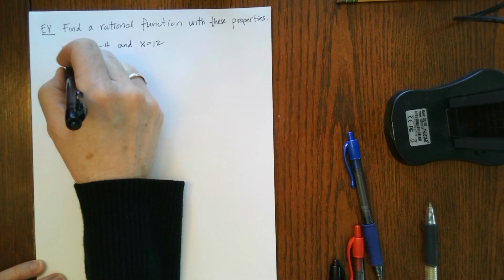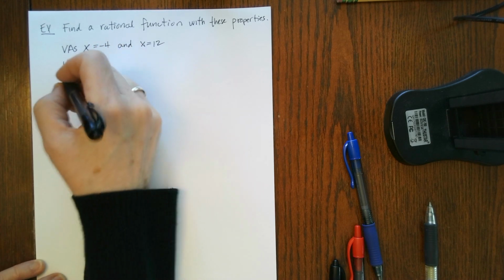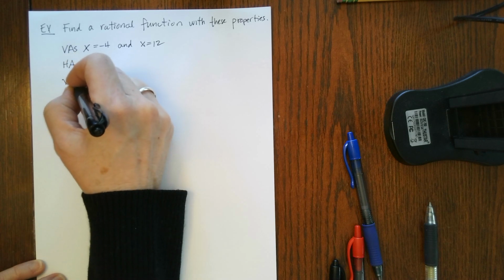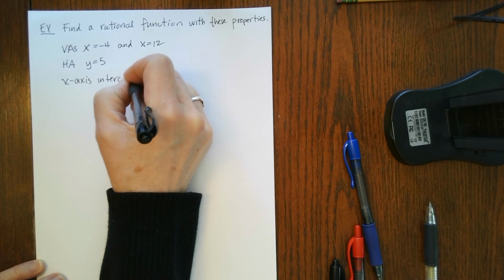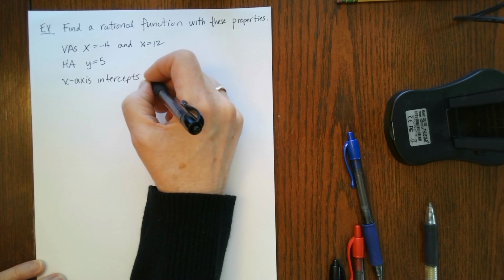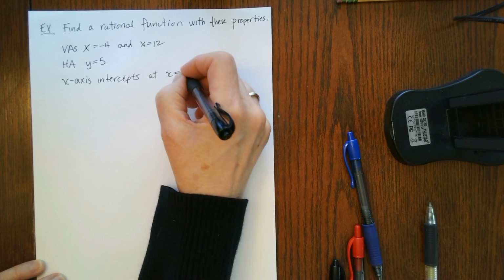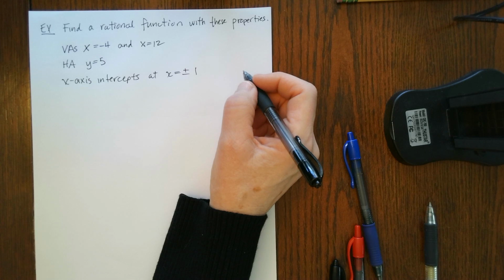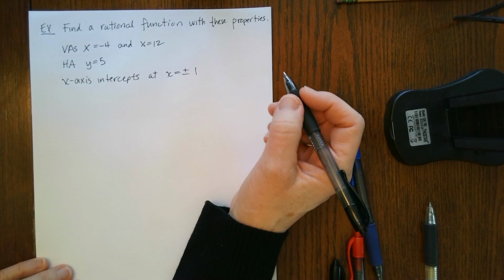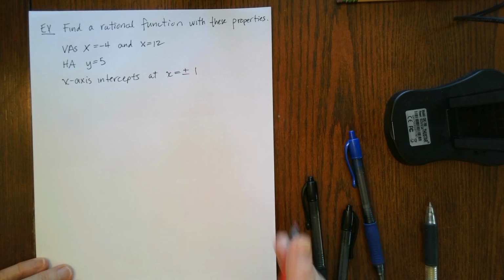We're going to have a horizontal asymptote at y equals 5, and then suppose that we have x-axis intercepts at, say, x equals plus or minus 1. So these three properties. Well, let's see. What are the implications for our function?